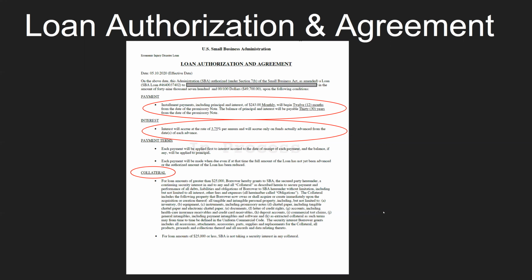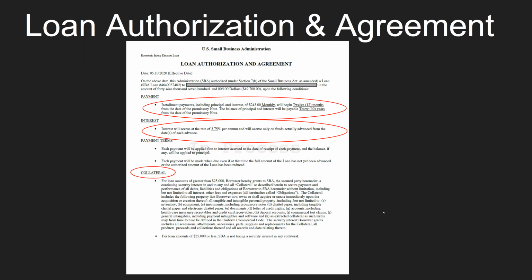That meant that their payment would be $243 monthly, which would begin 12 months from the date of the promissory note. The balance of the principal and interest would be payable 30 years from the promissory note. The interest there is going to be accruing at the rate of 3.75% and will accrue only on funds actually advanced from the dates of each advance.